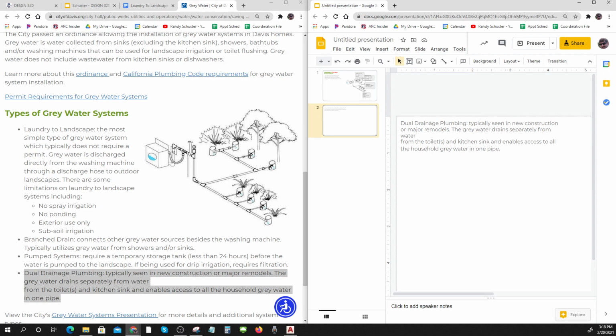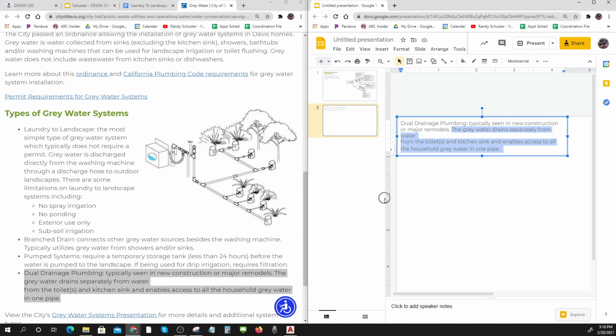So if you're going to do an architectural project, although we're really talking about laundry to landscape, you might figure out how to incorporate your laundry to landscape into a single gray water system for a house, because you would need to figure out how to separate toilets and kitchen sink from the drains from the other things.